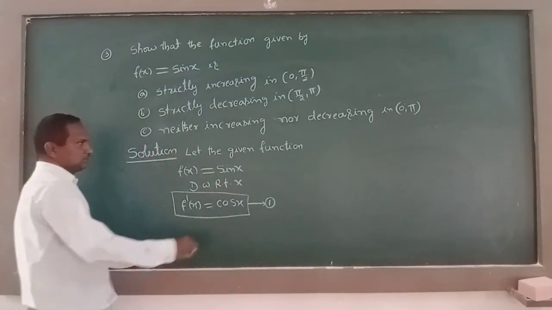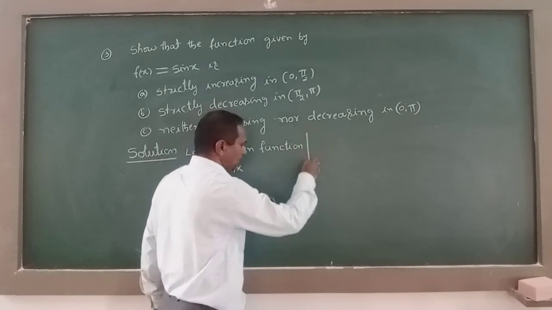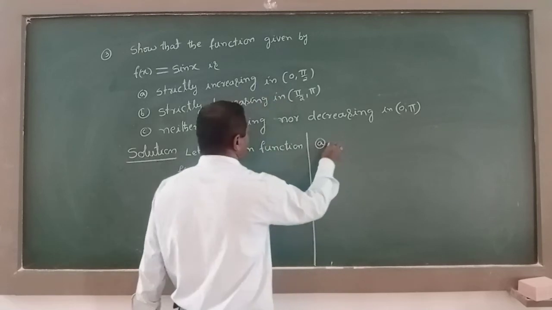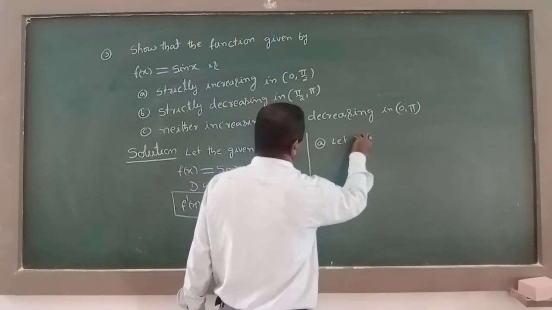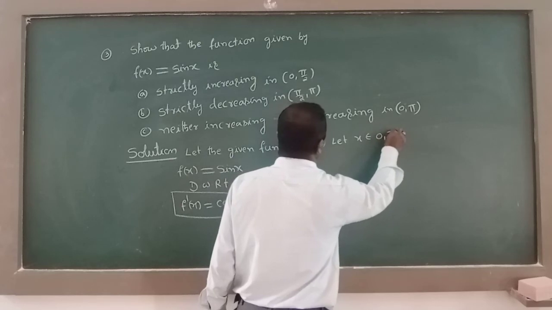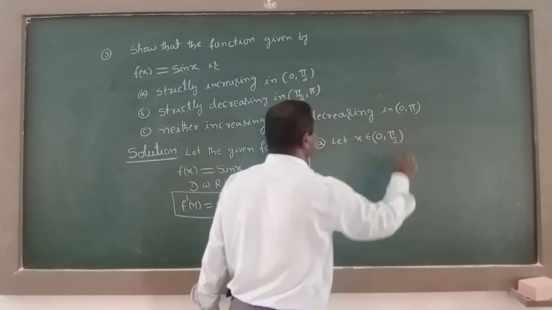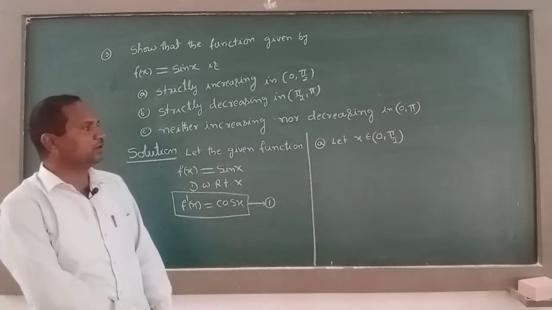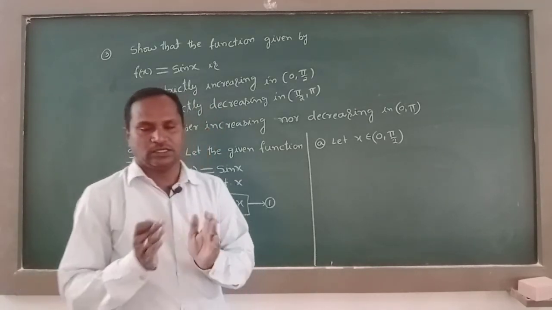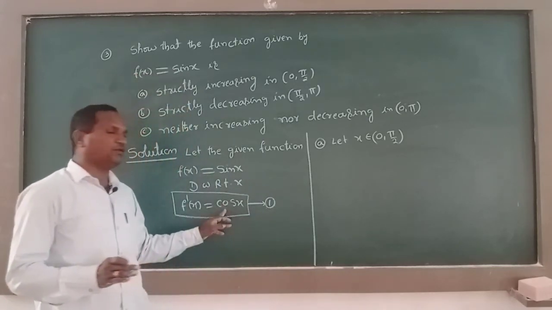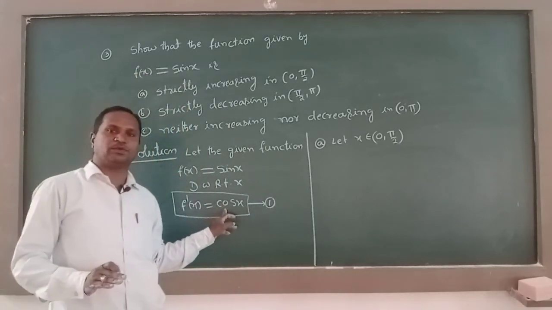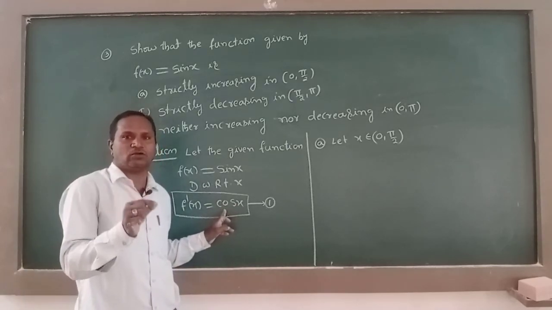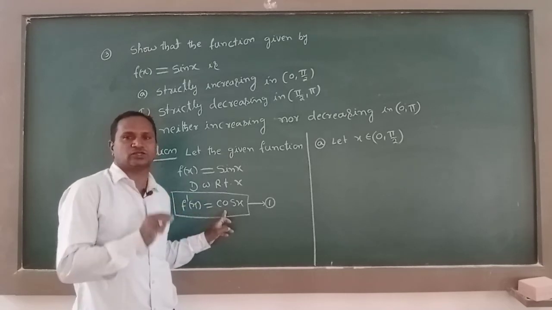Now I am going to give the answer for the first question, A. Let x belong to the open interval 0 comma pi by 2. 0 comma pi by 2 means those values lie in the first quadrant. In the first quadrant, the derivative, the cosine function, is always positive. We must check whether it is positive or negative in the quadrants with the help of the derivative only.